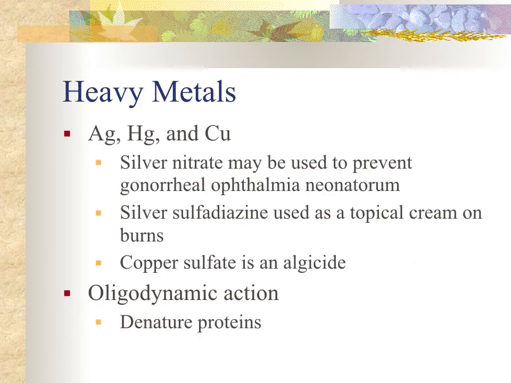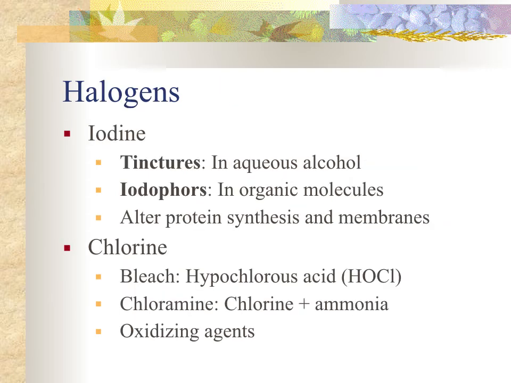We also have heavy metals that we use. Heavy metals are generally going to change the shape of proteins, and so enzymes won't work. Protein pore channels will change, and so they'll be hard on organisms. We also use halogens like iodine or chlorine. These again alter protein synthesis and change membranes.